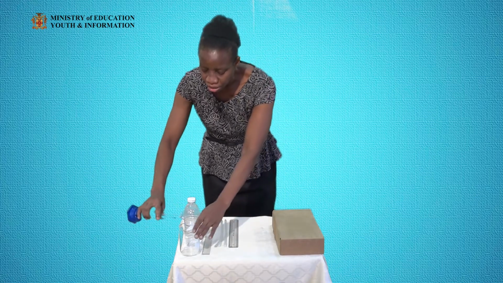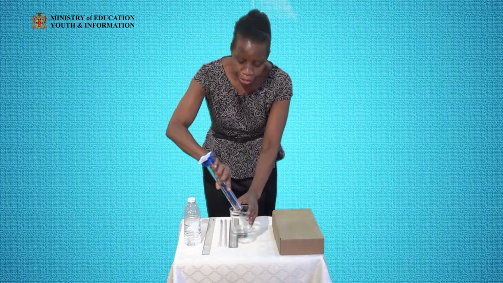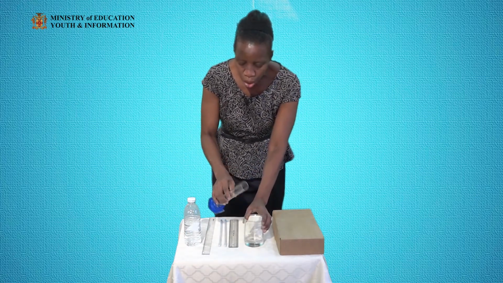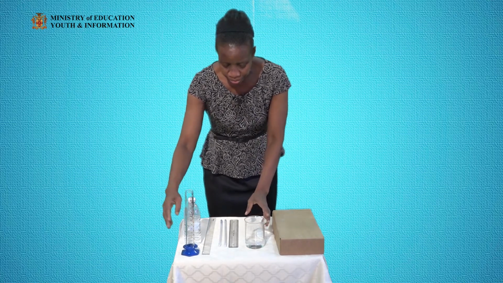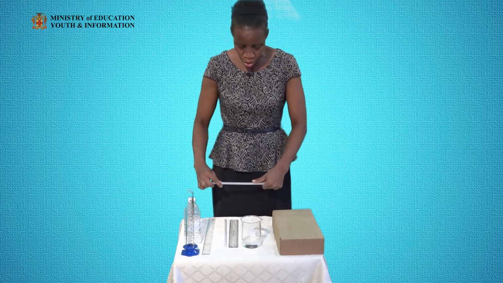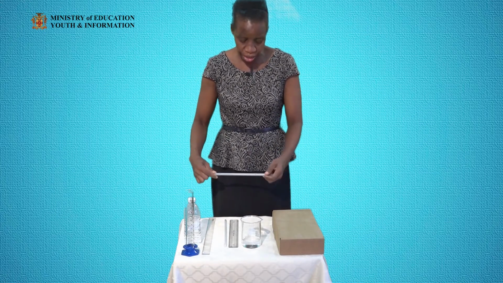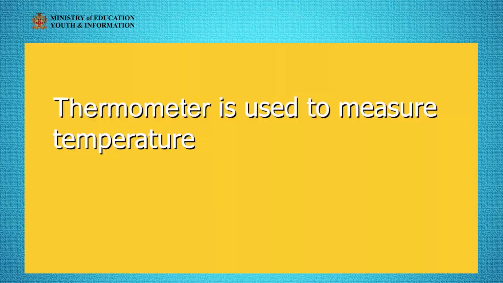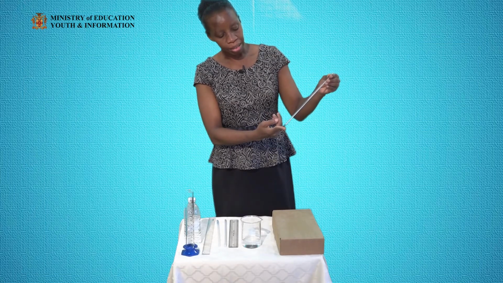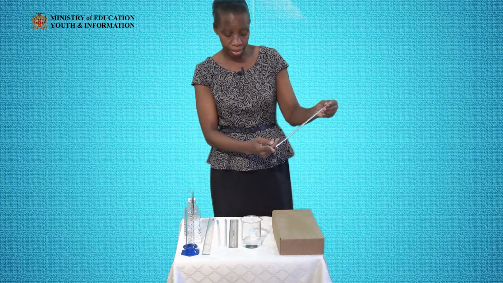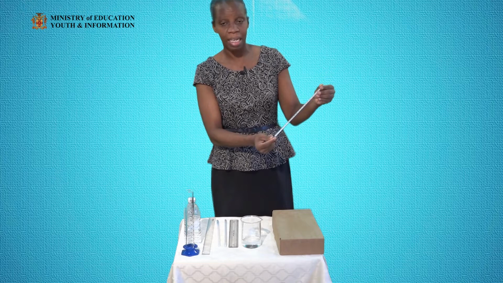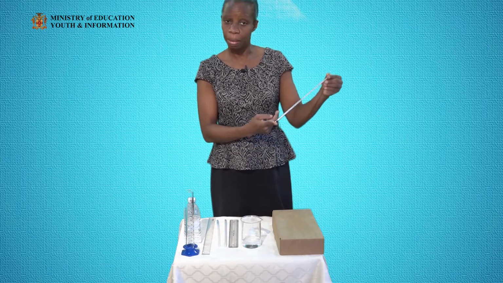Now suppose I wanted to find out the temperature of this water. What instrument would I use? To determine the temperature of the water, we would of course use a thermometer. You're right. Now let us look at our thermometer. This is a thermometer. This blue section, the part that we'll place in the liquid, is called the bulb.